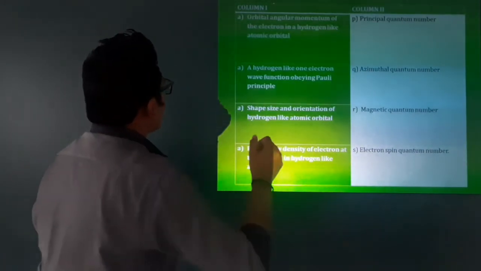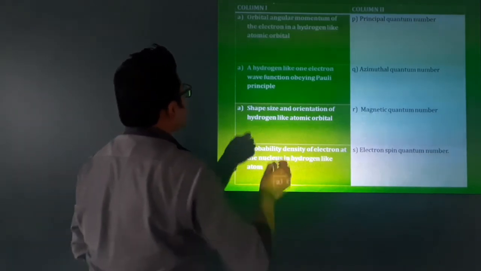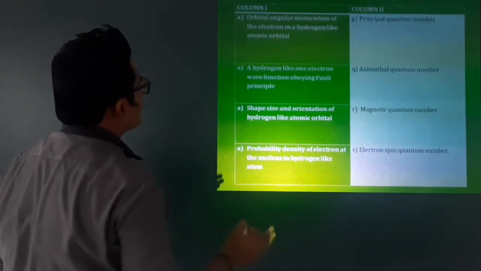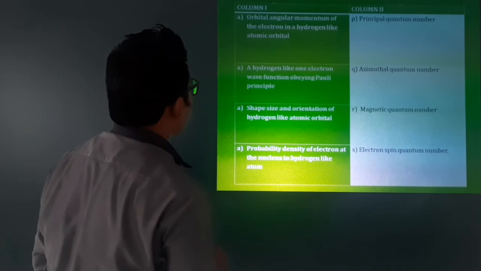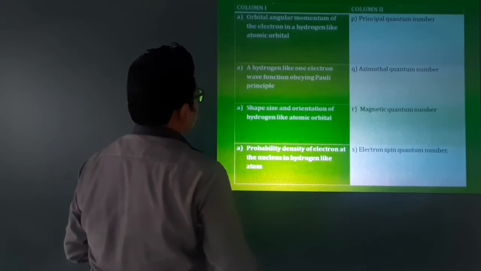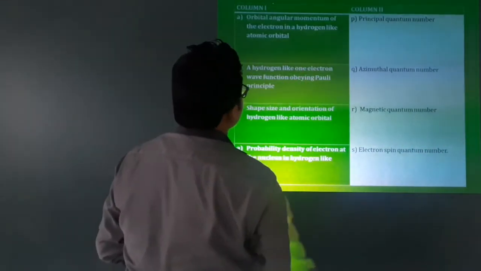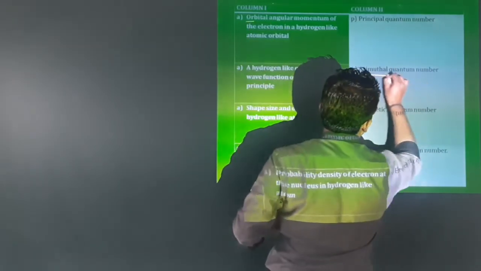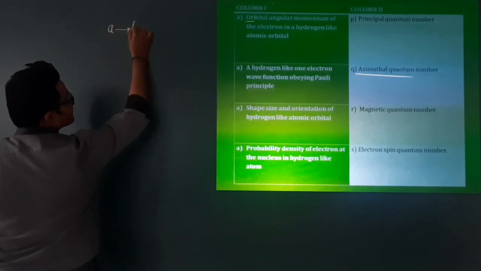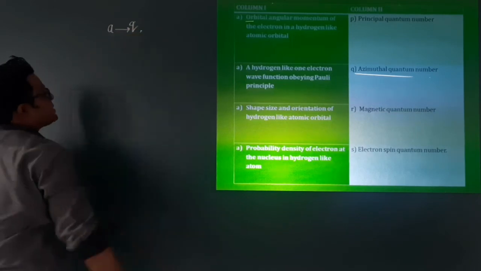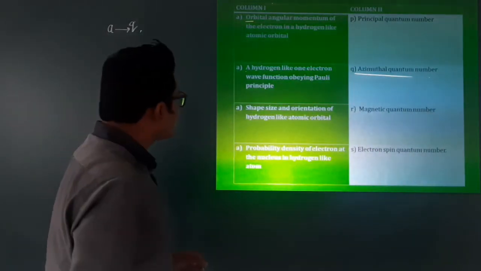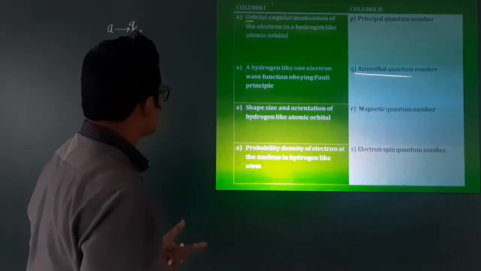Orbital angular momentum of electron in a hydrogen-like atomic orbital is the azimuthal quantum number, so A goes to Q. Next, a hydrogen-like one-electron wave function obeying Pauli's exclusion principle.